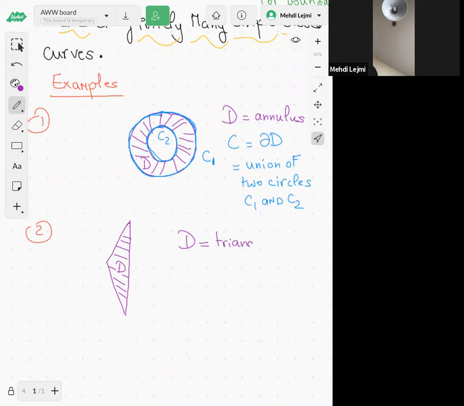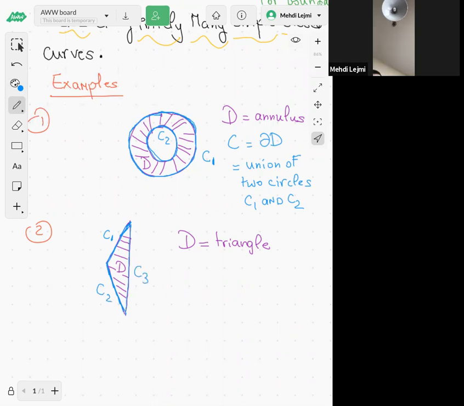Now, the boundary of my triangle, of course, there are three sides, right? The first side here, let's call C1. This is my first line segment. There's another segment here, C2, and there is C3 here.